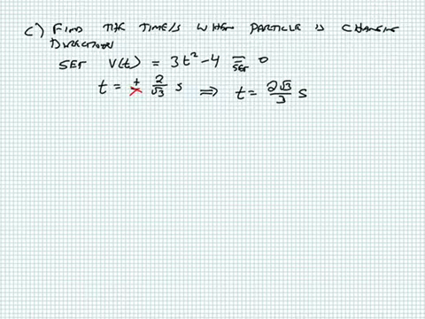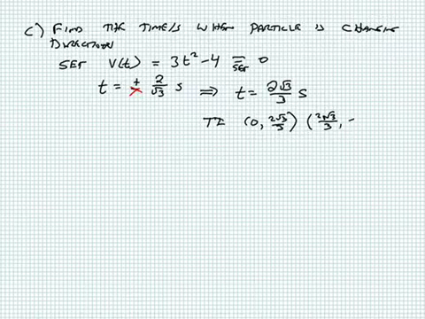So, I'm just going to do a quick first derivative test. Here, I'm going to look at my test intervals, from 0 to 2 square root of 3 over 3, and from 2 square root of 3 over 3 to infinity.